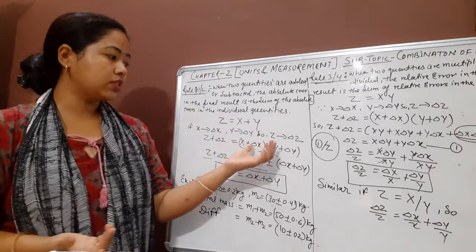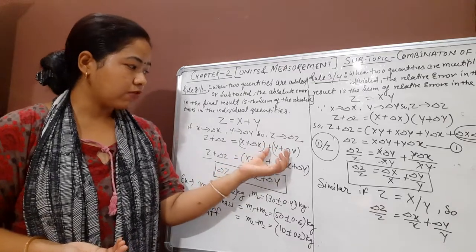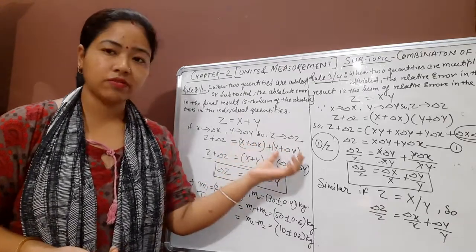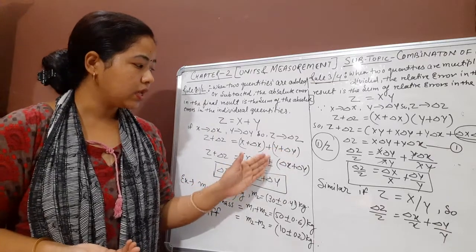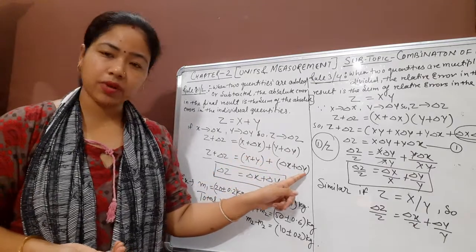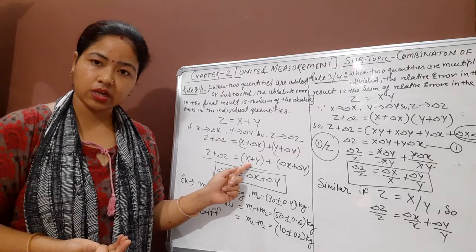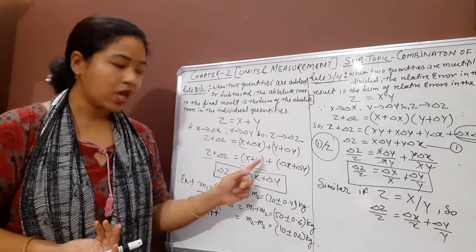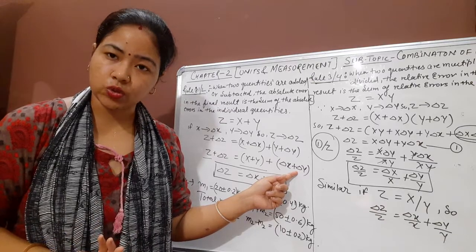So if we see the equations, we are adding the equation on both sides. If we separate the quantities with error and without error on both sides, we can write x plus y plus or minus, or we can write plus delta x plus delta y, right? These two quantities are without error, that means true values, and these are the absolute errors in the individual quantities.